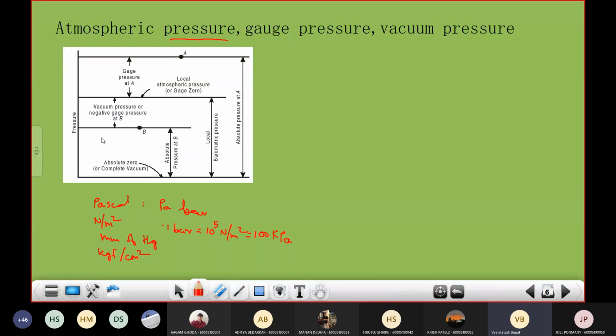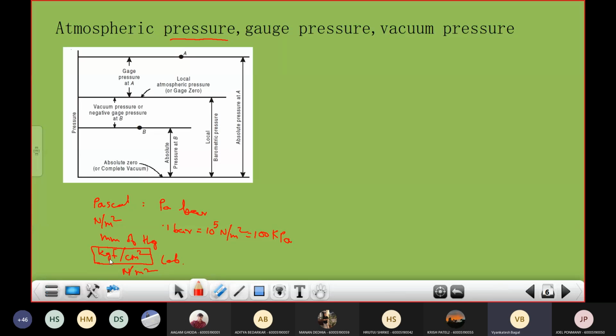And the last unit, which is kgf per centimeter square. This type of unit you will observe in the mechanical gauges which are used for measuring pressure, in laboratory gauges. On that you will see this type of scale, kgf per centimeter square. So you can convert this to Newton per meter square. How to convert?